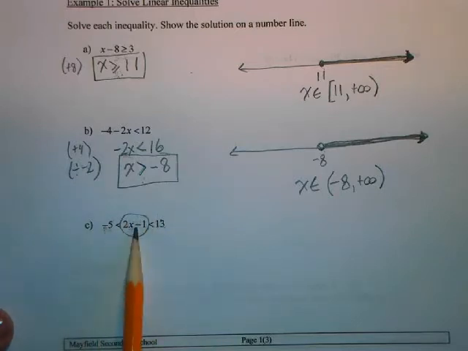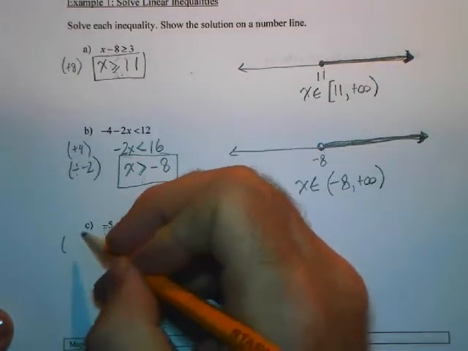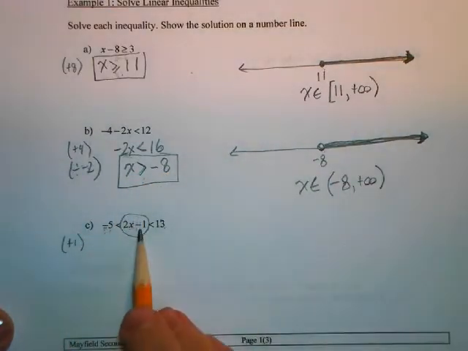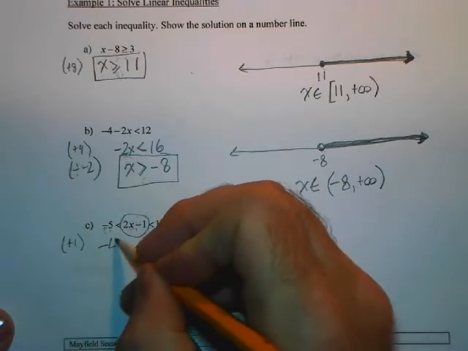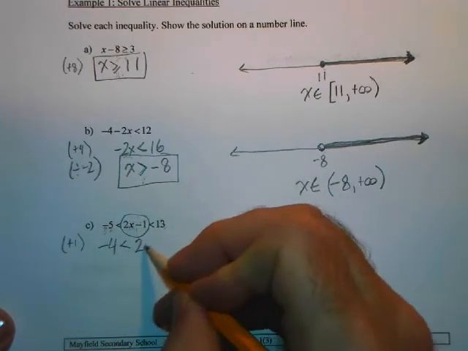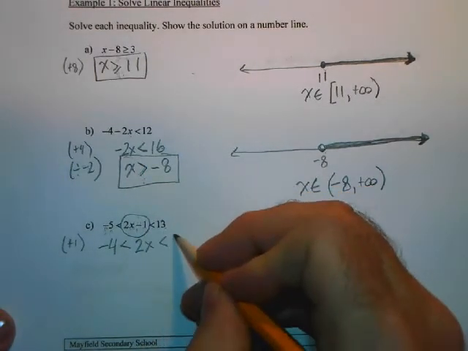So the first thing I want to do, I keep wanting to say both sides, it's like all three sides. We're going to add 1, and that will take care of the negative 1. So when I add 1 to negative 5, I get negative 4. Add 1 there, we're left with 2x. And if I add 1 to 13, I get 14.